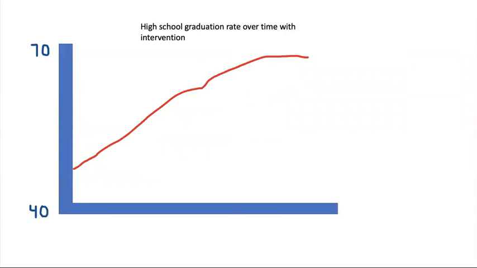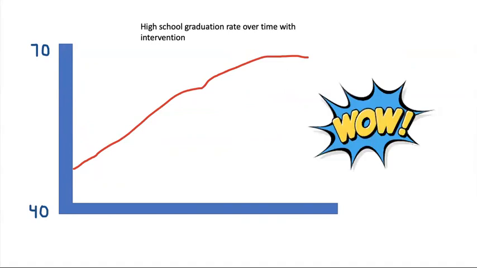But what if we have the same exact data, but on a different scale? See, the instant reaction would be, wow, that's amazing. That program really worked to help the graduation rate. But it's still just 55% to 65%, right? So keep that in mind always when you read any statistics at all. We'll get more into the numbers next time. But just keep that in mind.